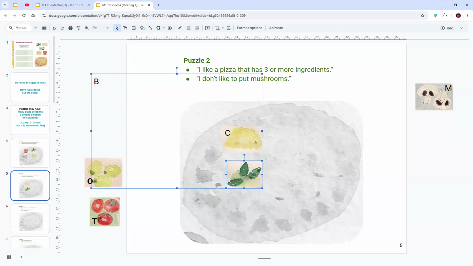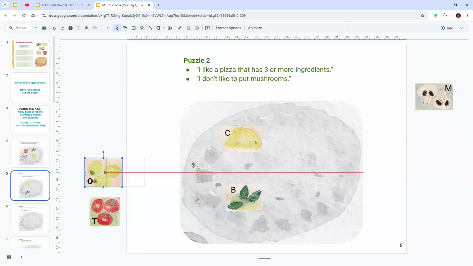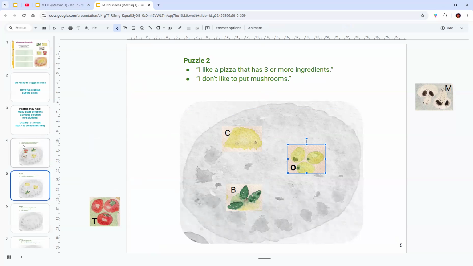So this could be one solution. Cheese, olives, and basil. Okay, still a simple puzzle. So you could maybe ask students to add another clue to make it a little more complicated. It will depend on your students, right? How well they're reacting to solving these puzzles. So you also have to adapt to that.